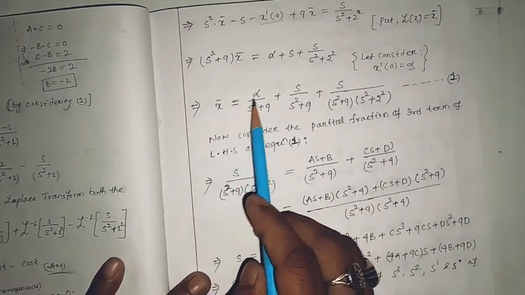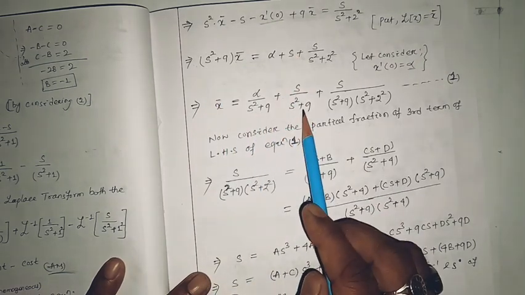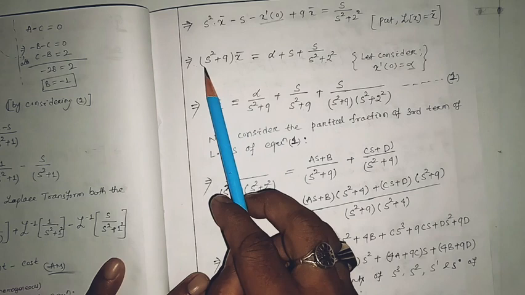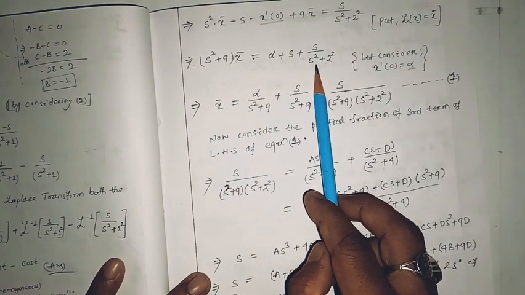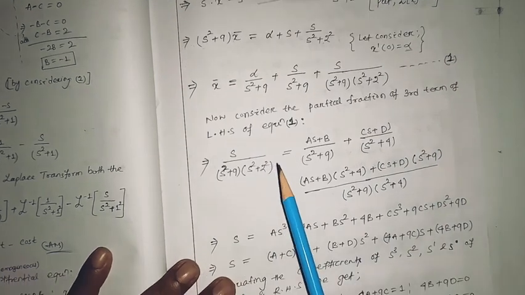So here x bar will be equal to alpha by s square plus 9 plus s by s square plus 9 plus s by s square plus 9 into s square plus 2 square. Let this be equation number 1.